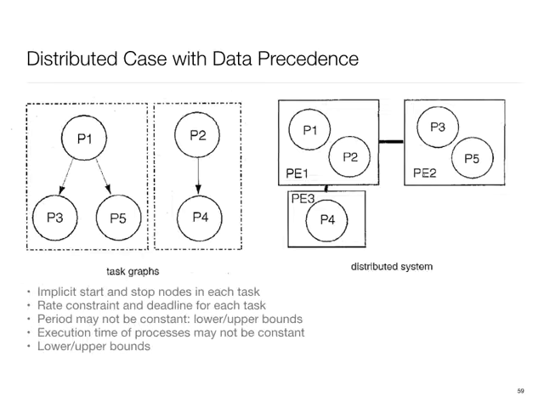The dotted lines indicate clusters. Each cluster may have a rate and a deadline. And then in your system, you may be given some processing elements, PEs. So I have 3 processors, PE1, PE2, PE3. Your goal is to map these processes, P1 through P5, to the processors PE1, PE2, and PE3, and let them run.